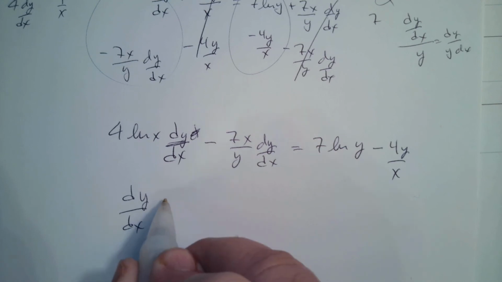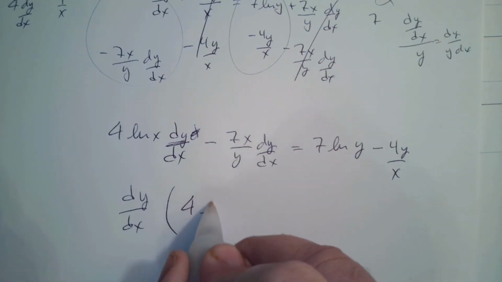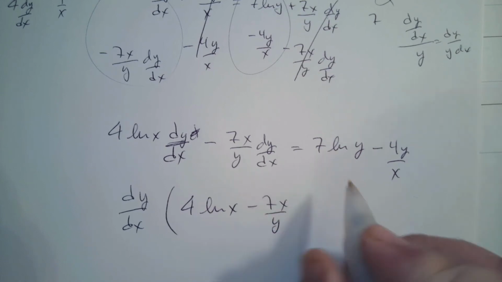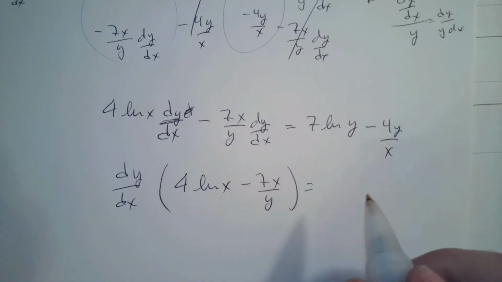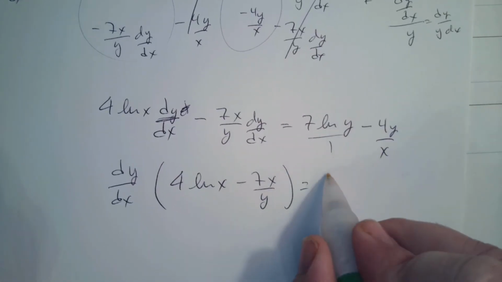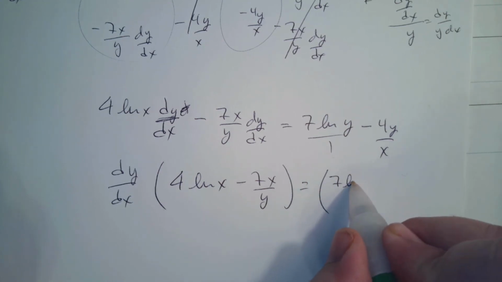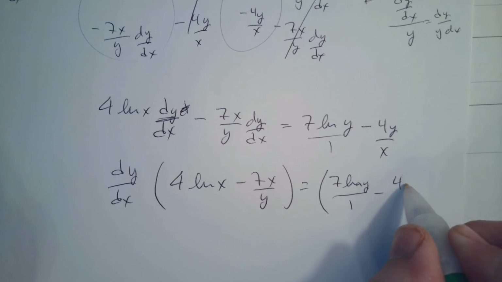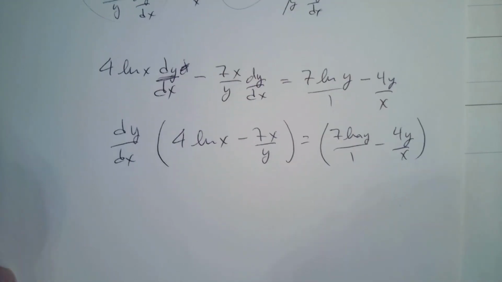Factor out dy/dx. I got 4 ln x minus 7x over y equals ln y over 1 minus 4y over x. Get a common denominator.